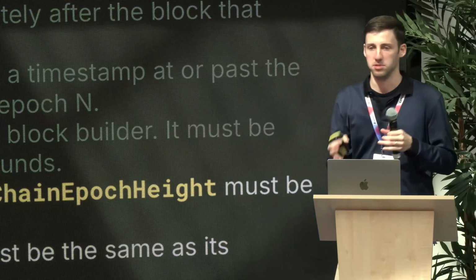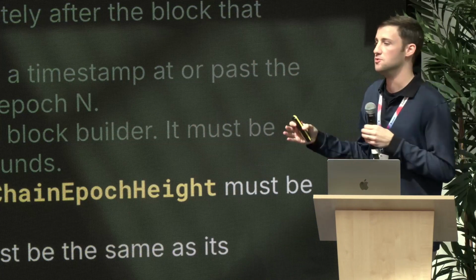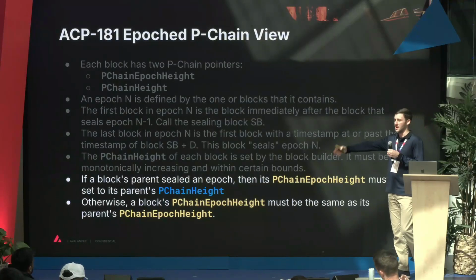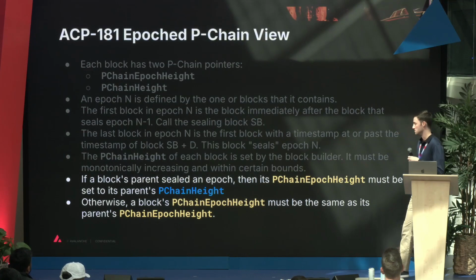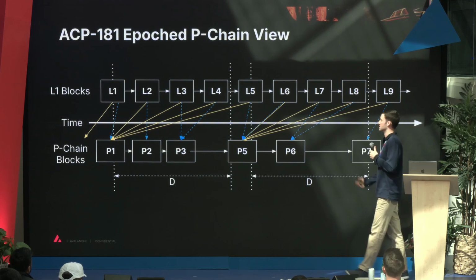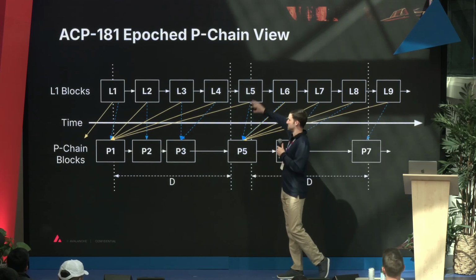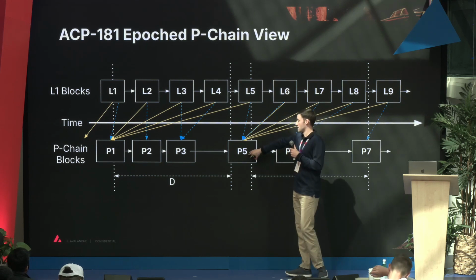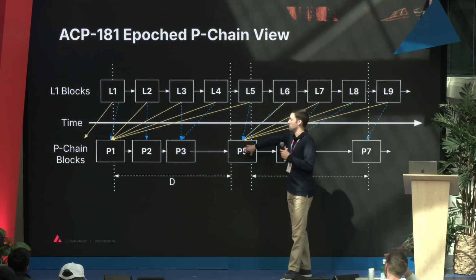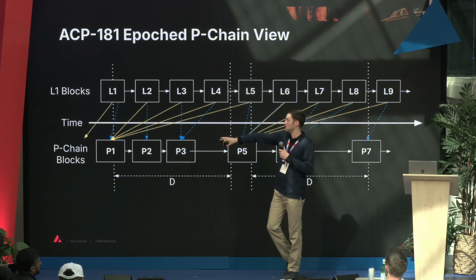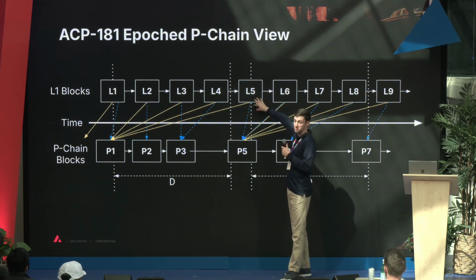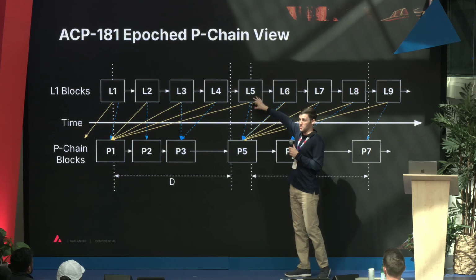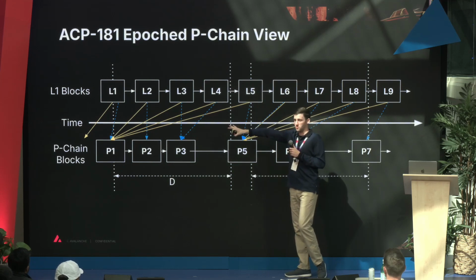When you see a block that seals an epoch, you know the p-chain height of the next epoch that will be used. The way that works in this diagram here, so we see block L5 seals the first epoch. Its current p-chain height was P5. So we're still using p-chain height P1 for the verification of block L5, but we also know that block L5 sealed epoch 1.